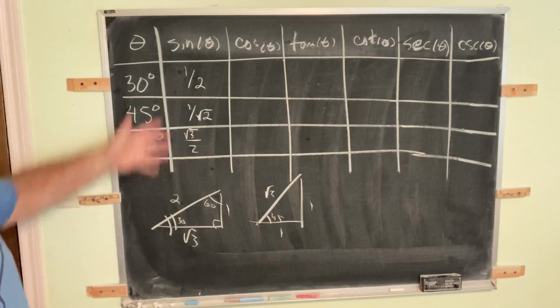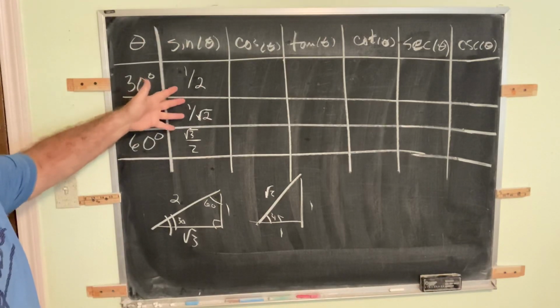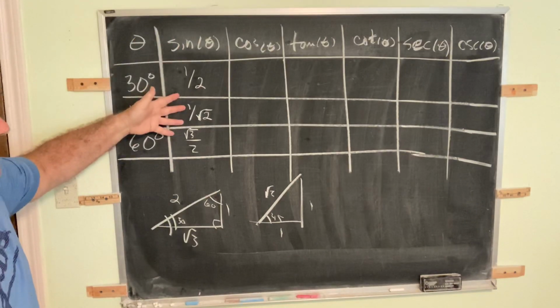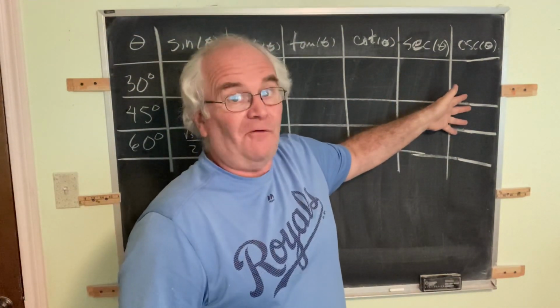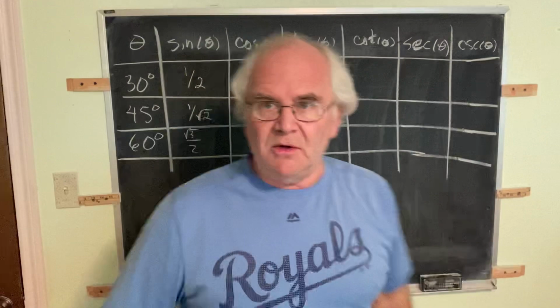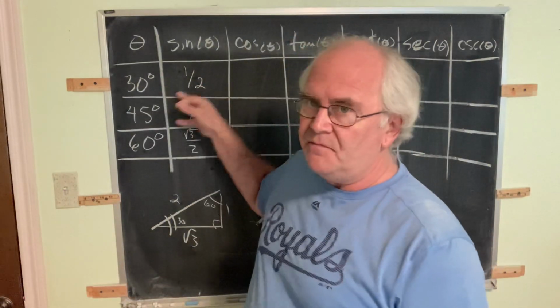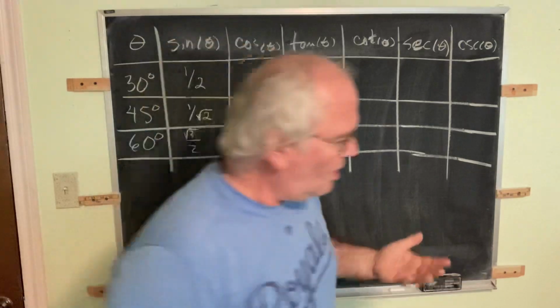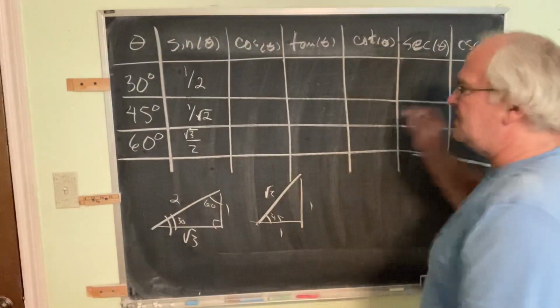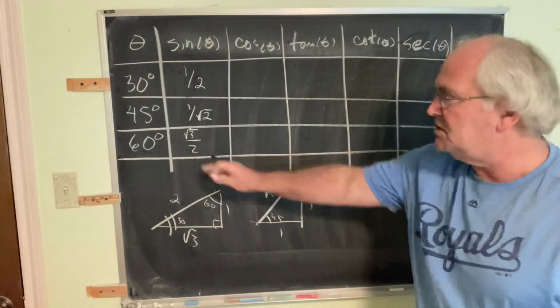Number one, if you know the values in the column of sine of theta, then you know the values in the column of cosecant theta just for free. Because we know the relationship between sine and cosecant is reciprocal. And so all we need to do to find the values of cosecant are to find the reciprocals of sine.